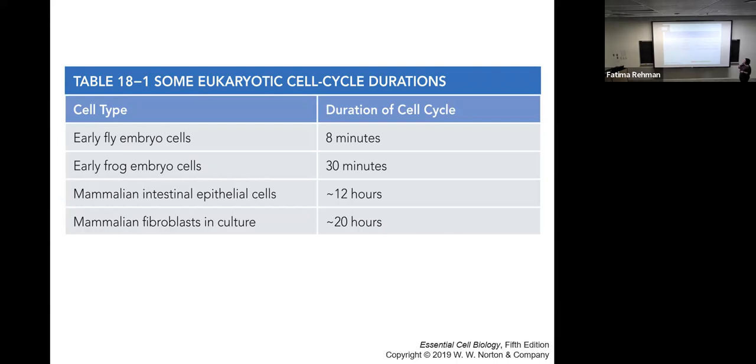Our mammalian intestinal epithelial cells, a place that's constantly rejuvenating, replicating and dividing, getting rid of old damaged cells and getting new cells in. Our skin cells are another example, constantly differentiating and growing. Blood cells too, but blood cells have a much longer lifespan than this. But for the mammalian intestinal epithelial cells, you have on average a replication process happening every 12 hours.